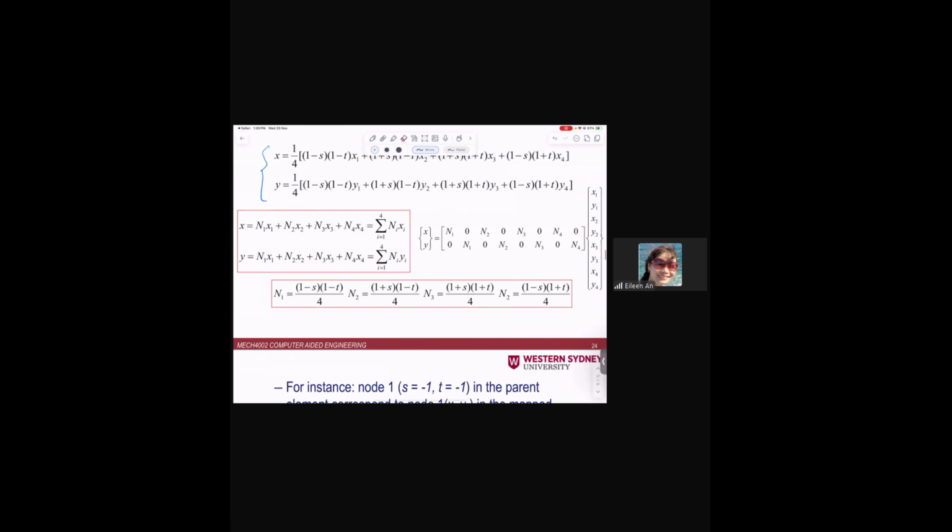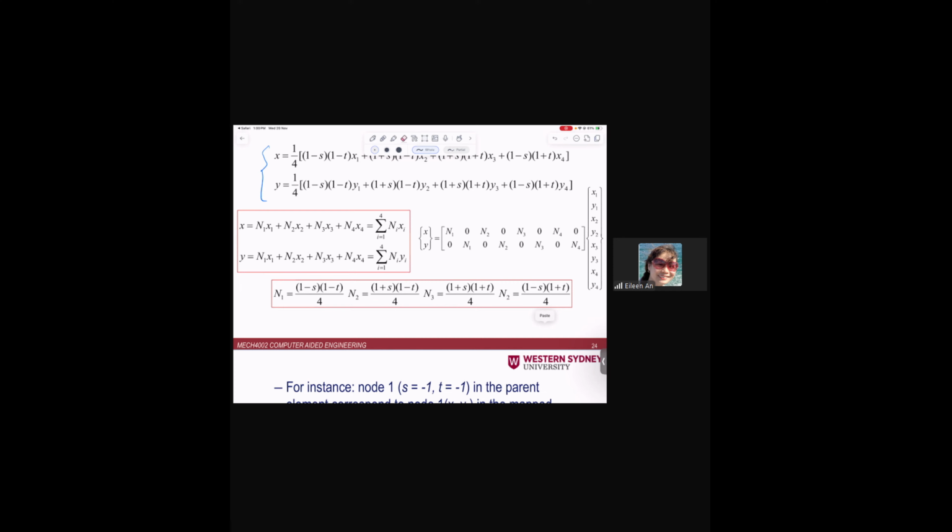So here, to convert the coordinates from S and T to X and Y, we need to use those equations.